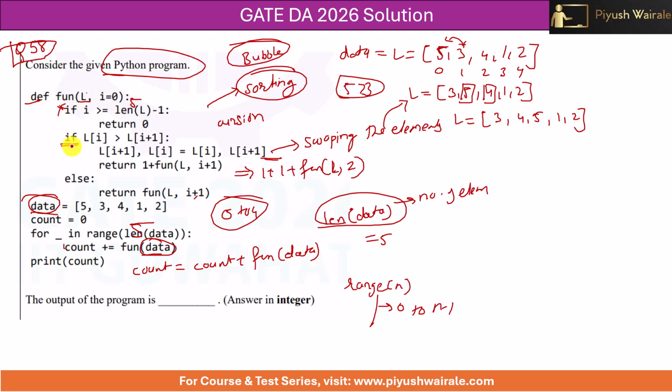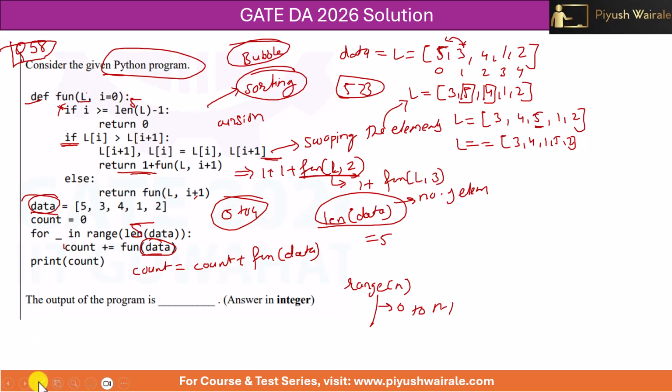What about this? L of 2 is basically now 5 here. So whether 5 is greater than the next element? Yes. Again we have to swap the element here. L equals 3, 4, 1, 5, 2. And then we are going to return 1 plus the function again here. So the output of this is basically what? 1 plus function L, 3 now.